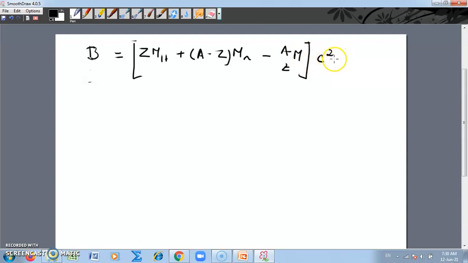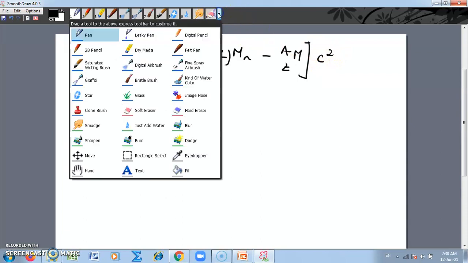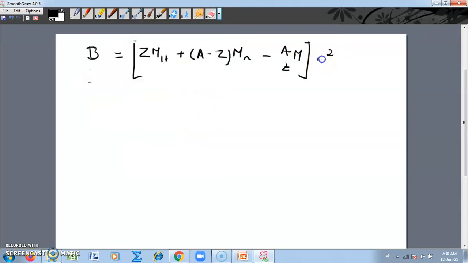If I express it in terms of mass, then what will happen? I will not have this C square. So, in mass units.